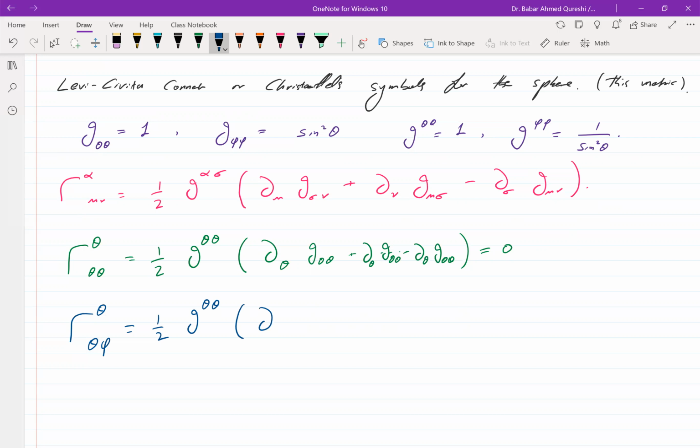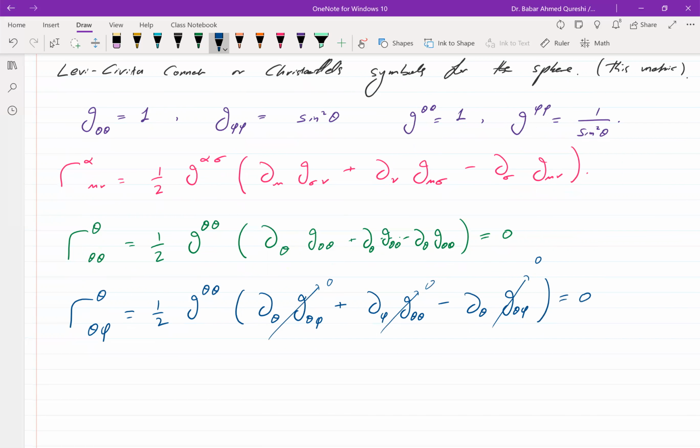I first choose this theta, the theta comes from the summation, and I have a phi, plus d phi g theta theta minus d theta g theta phi. So this off diagonal is 0. The g theta theta term doesn't depend on anything, that's 0. This is also 0.